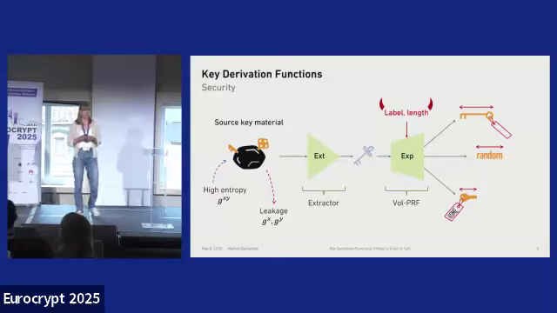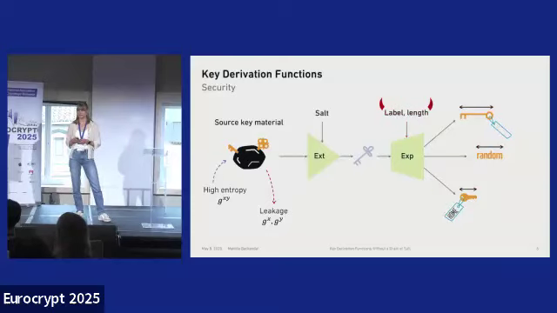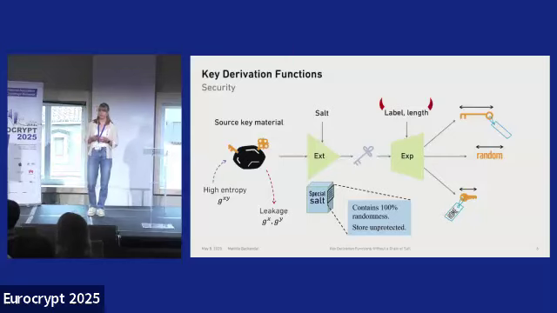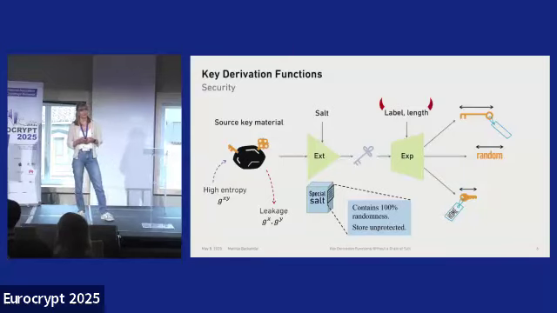But there's actually one part here that I didn't mention yet, and that's that extractor theory says that in order to extract uniform entropy or randomness from arbitrary sources of source key material, the extractor needs a salt. And this can't just be any old table salt, it has to be a special salt. So the fine print here says that the salt has to be random and independent from the source key material. However, it doesn't have to be secret, so in particular, it's fine if the adversary learns the salt.